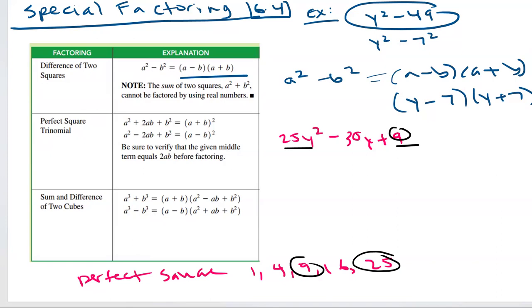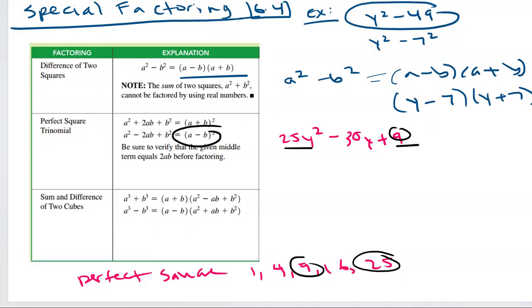Okay, all right. So when we factor this, we're going to have the same factors. So in this case, we have a minus positive combination, so we're just going to have as our answer a minus b squared.